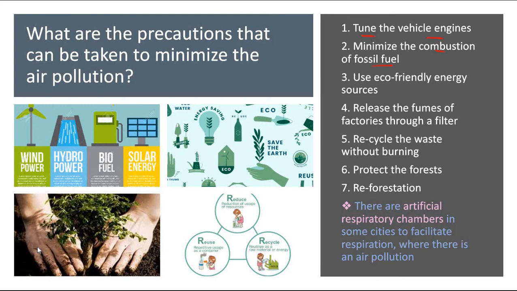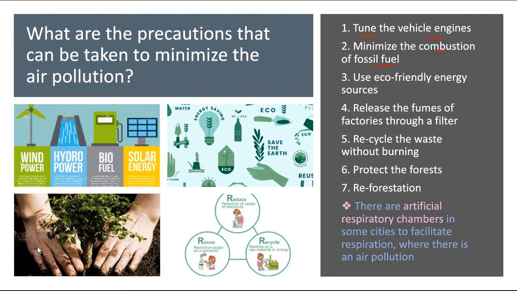Another thing we can do is use eco-friendly energy sources. For example, instead of using plastic bags, plastic boxes and bottles, you can use boxes or bags made out of paper, or boxes and bags made out of reed and stuff. There are enough and more ones like that.